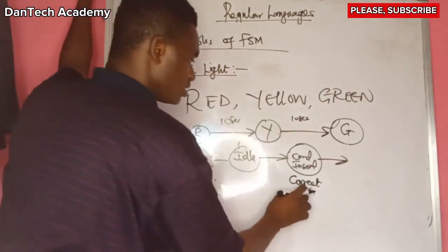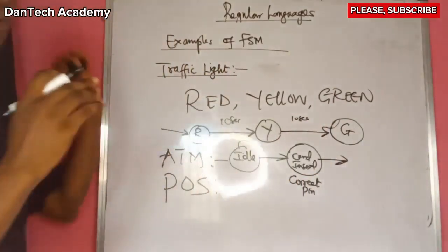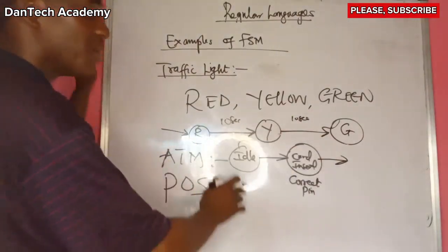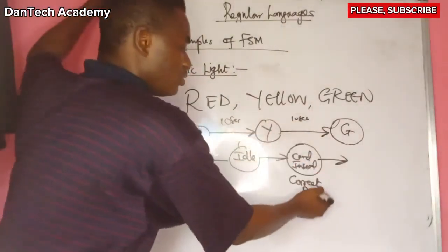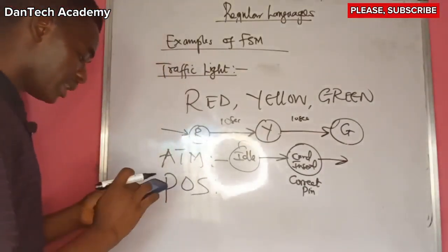If you fail to put in the correct PIN, you can't move from this state to another state. You can see the algorithm, how this model is designed. You can't move from this state. Once you put in your PIN correctly, then it takes you to another state.